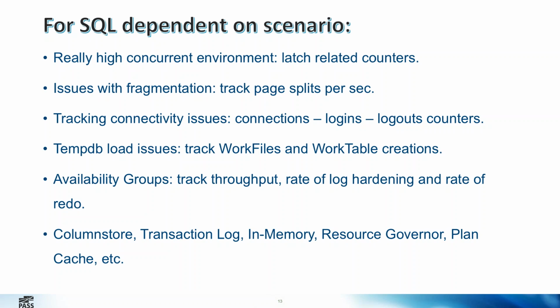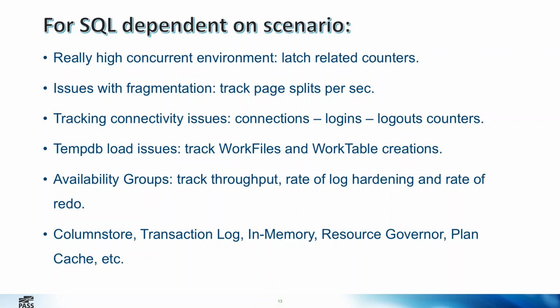So let's say, for example, if you're working in a really highly concurrent environment where you are mandated to squeeze every single ounce of performance out of the server, well, then maybe you want to track latch-related counters. See if you're actually getting a significant amount of latch waits per second that translate into actual real waiting time.